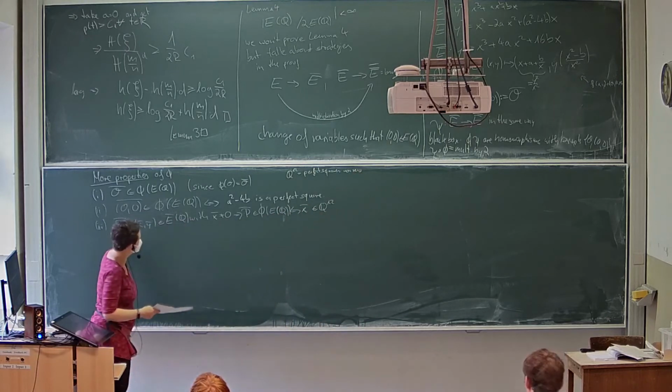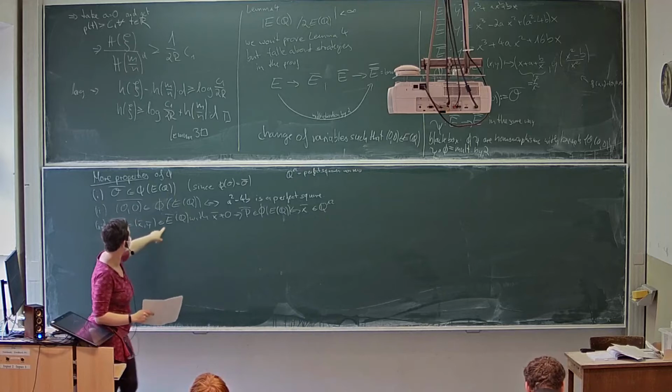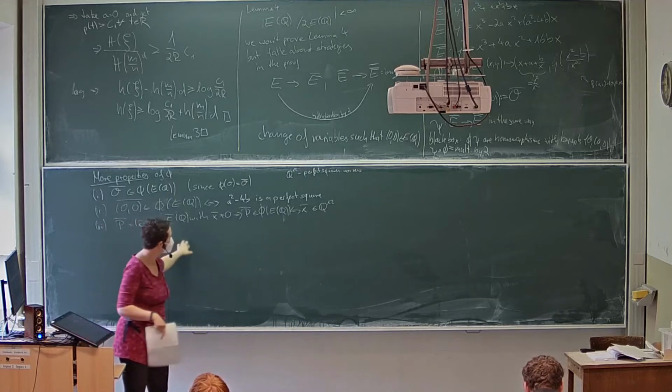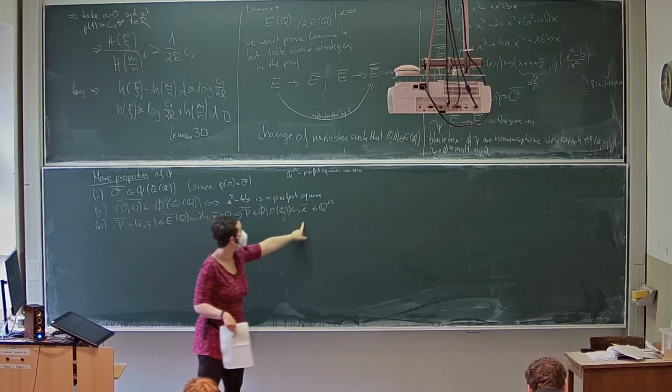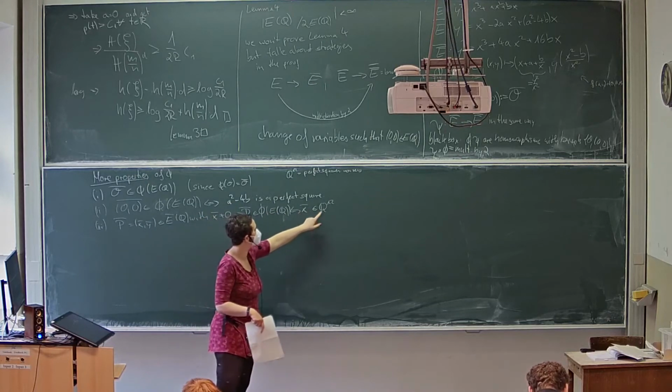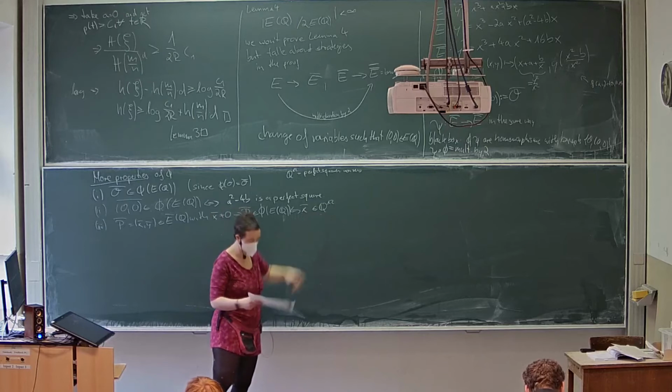So a point on the curve E bar with x-coordinate non-zero is in the image if and only if its x-coordinate is a perfect square.